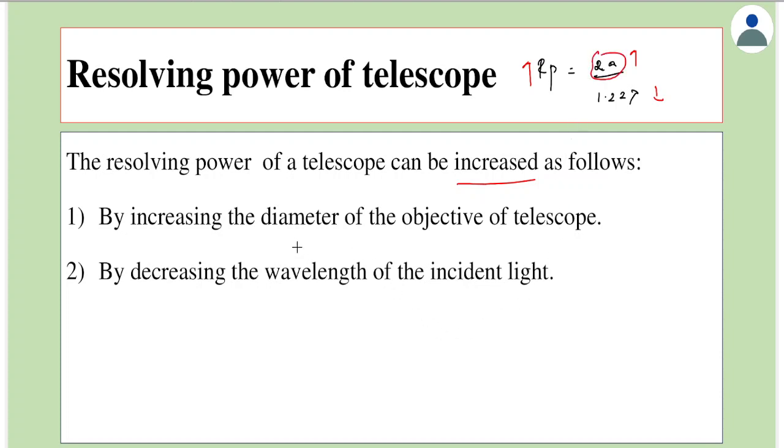So by increasing the diameter of the telescope, we can improve resolving power. And the second way is to decrease the wavelength of light incident. So by adopting these two, we can have a better resolving power. But the problem here is, if we increase the diameter of the objective, then aberrations will come into the picture. That is, spherical aberrations as well as chromatic aberrations will come into play. There is a limit beyond which we can't increase the diameter of a given telescope.